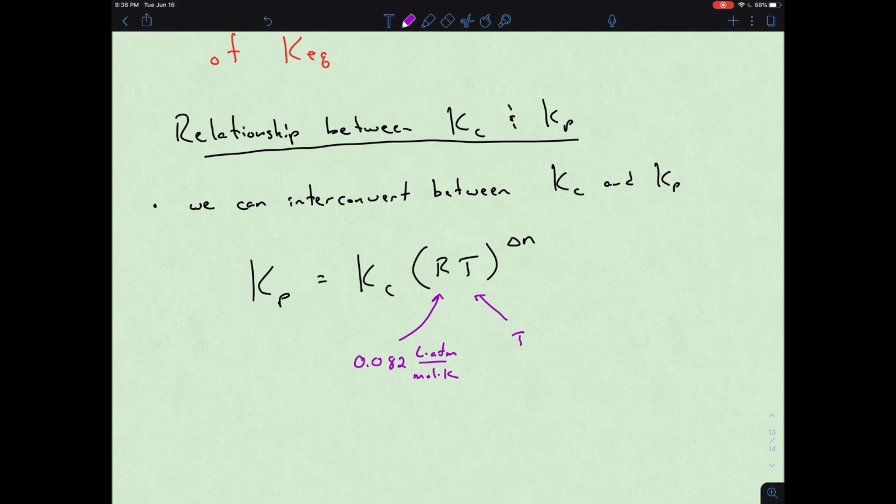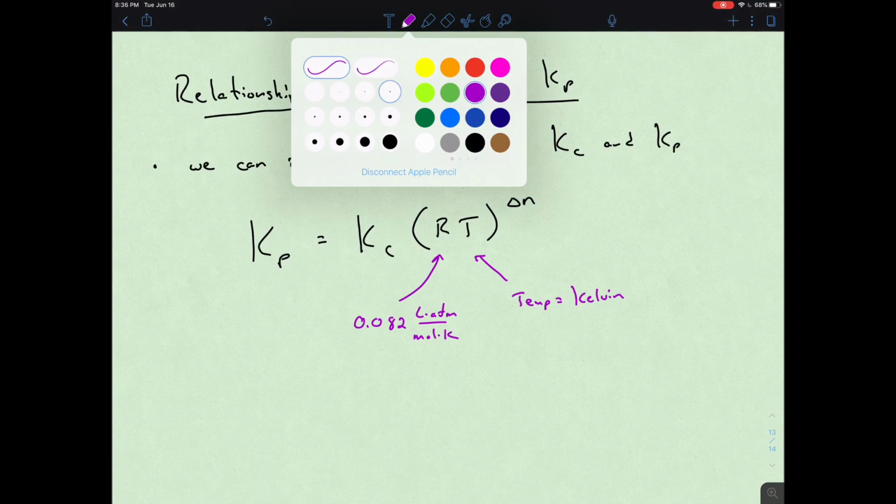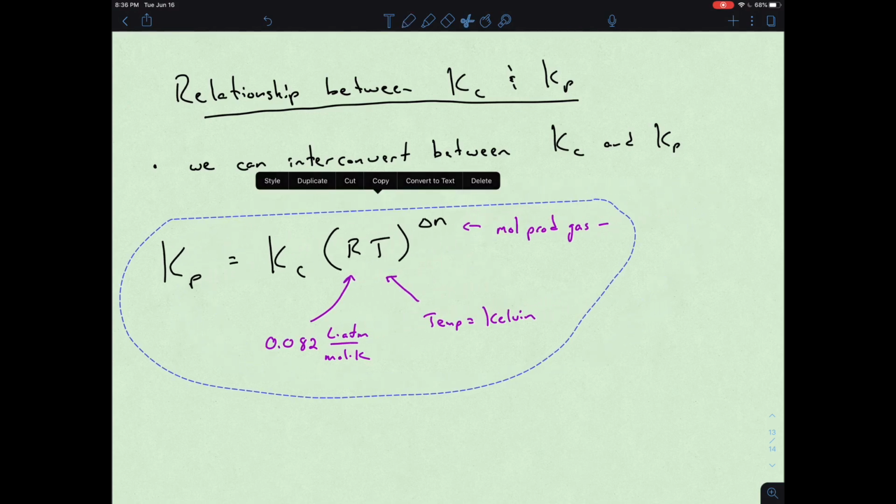That means our temperature is going to be in Kelvin. And the delta N at the top is moles of product gas minus moles of starting material gas.